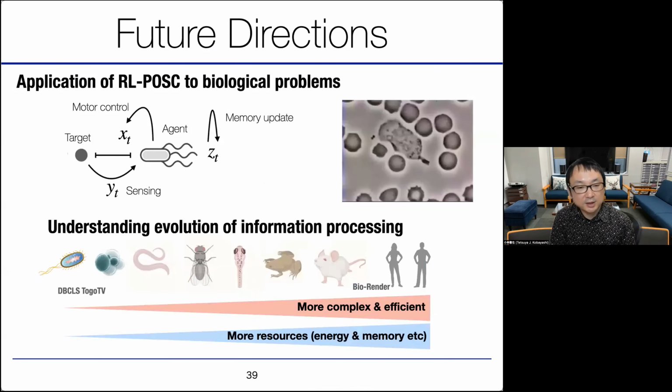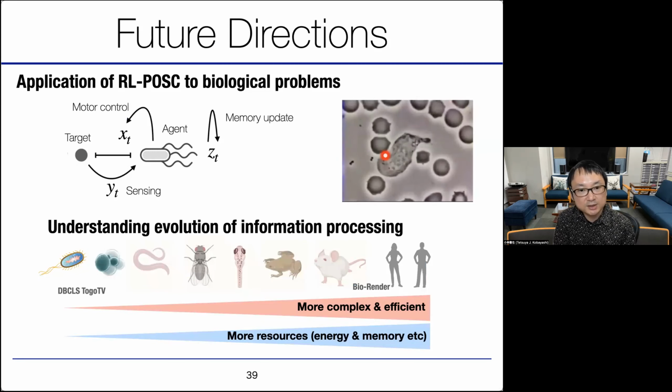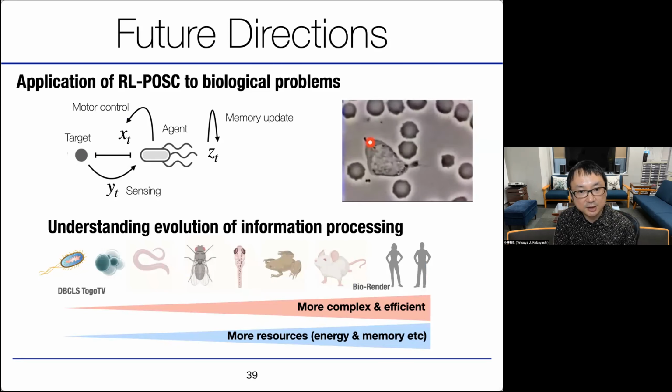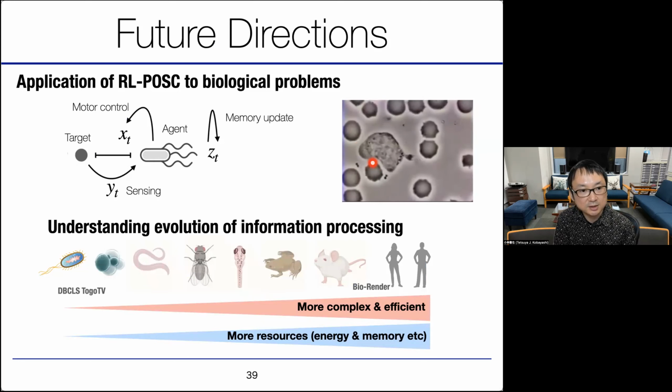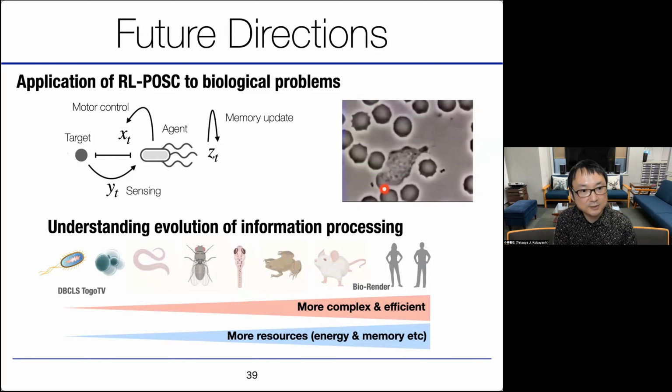Up to this point, we constructed a general theory, and my student is now working on applying our theory to biological problems, for example, tracking of a target by an agent through sensing. This is an example: this white blood cell is tracking a bacterium by sensing it.